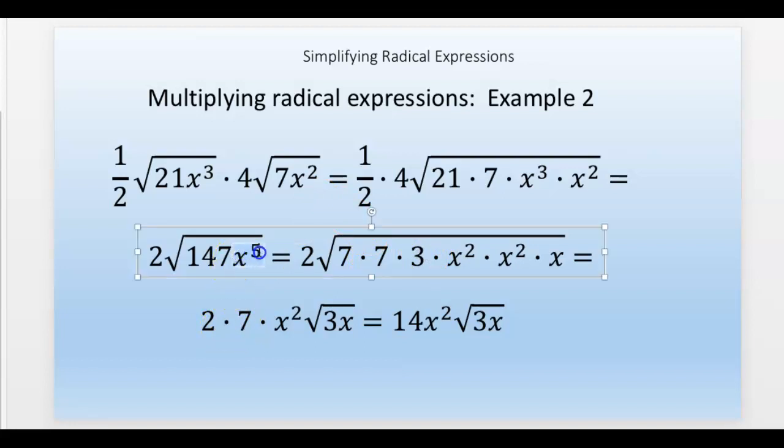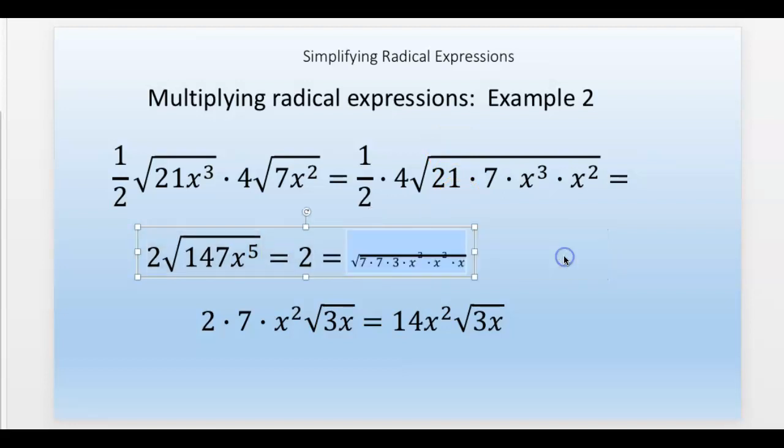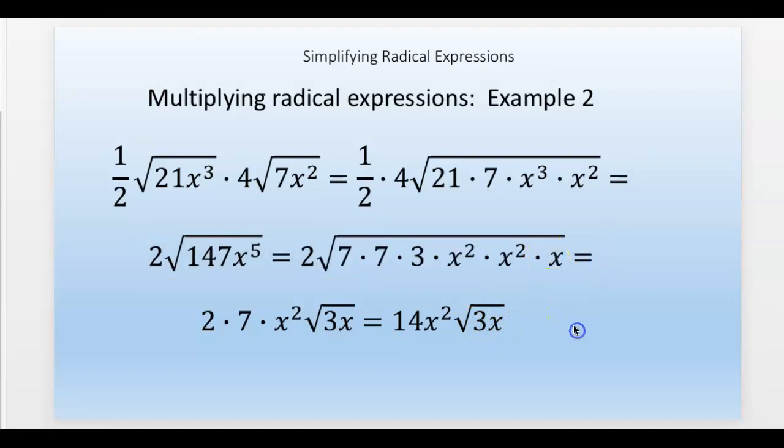Again, x to the 5th is the same as x squared times x. So we can take x squared outside. And all that's left inside is a 3 and 1 x. All right, so 3x is left inside the radical sign. 2 times 7 is 14, and x squared comes out.